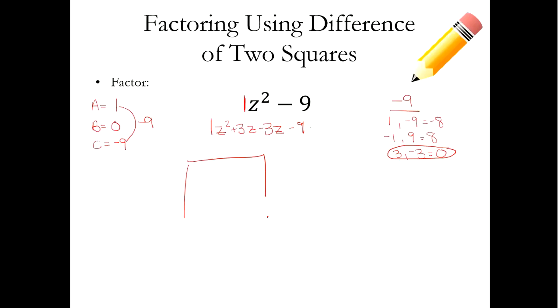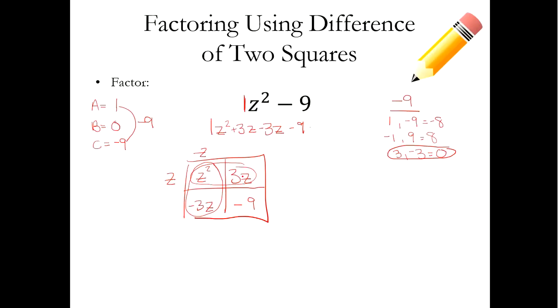Okay, now we can box. So I've got z squared, 3z, negative 3z. And I just put that little tail on the z's so I don't get confused with a 2 or something. It looks like we have a greatest common factor here of z. Same thing here, z.